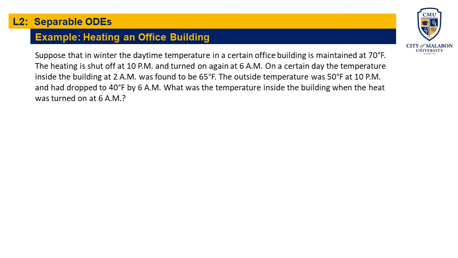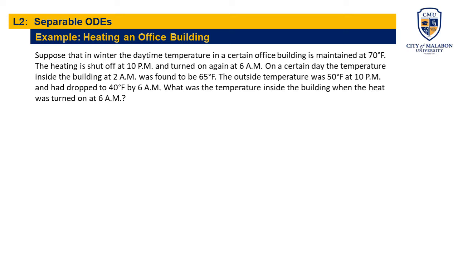Okay, so as an example, we have an application for the heating of an office building. Suppose that in winter, the daytime temperature in a certain office building is maintained at 70 degrees Fahrenheit. The heating is shut off at 10 p.m. and turned on again at 6 a.m. On a certain day, the temperature inside the building at 2 a.m. was found to be 65 degrees Fahrenheit.